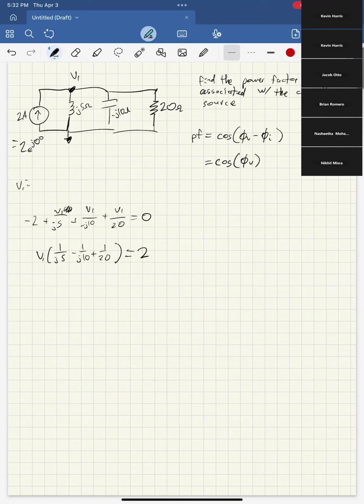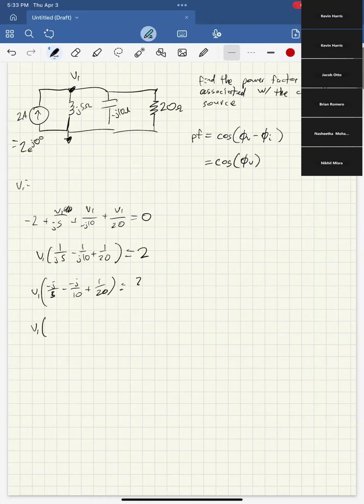And if I plug this into my calculator, we get, or simplify it in whatever way you want. I'll actually show a bit more work, right? So this is negative j over 5, minus negative j over 10, plus 1/20th equals 2, which you can then further simplify.